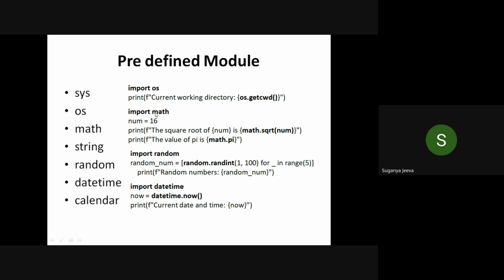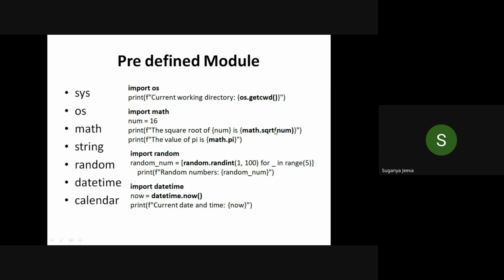In the second program, I imported the math module and declared a variable num equal to 16. I'm using two functions. One is the square root sqrt function, where I pass the number as the parameter.